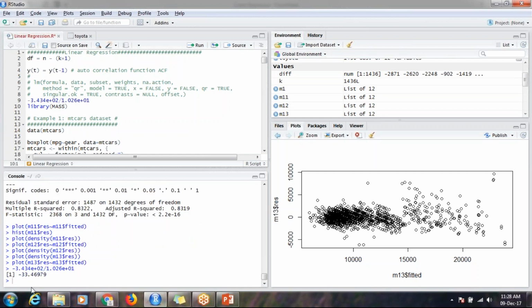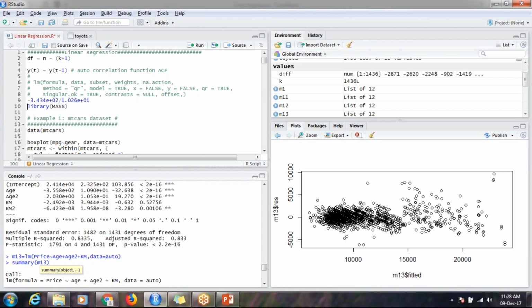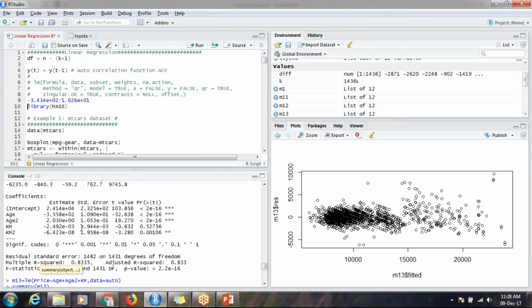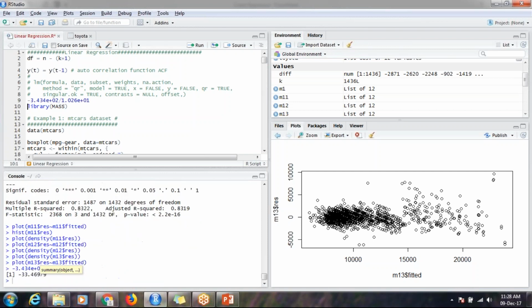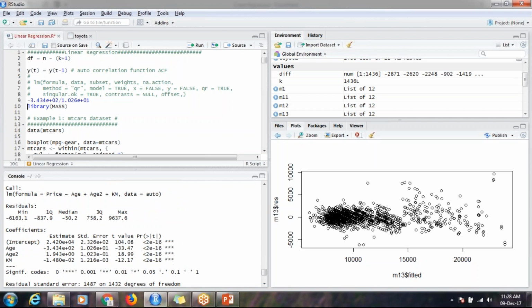See, I'm getting minus 33.4. What was the value that I was getting here? Yeah, more or less the same. It could be because there are even more terms after the decimal point, which I have ignored here, and they have rounded it off. But otherwise, yes, this is how it is calculated.